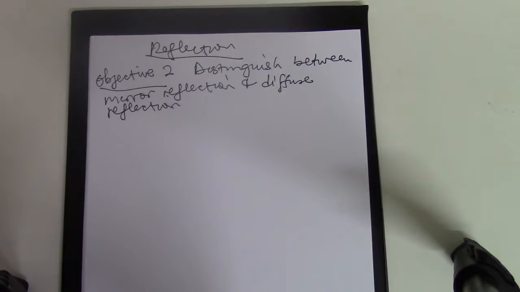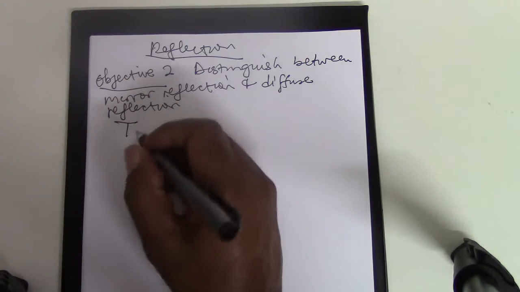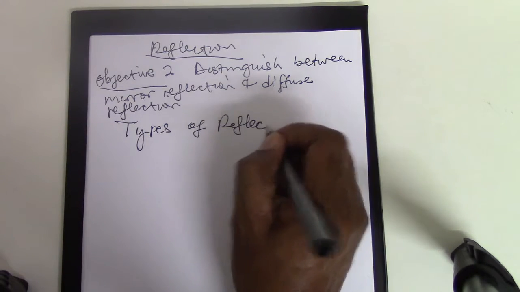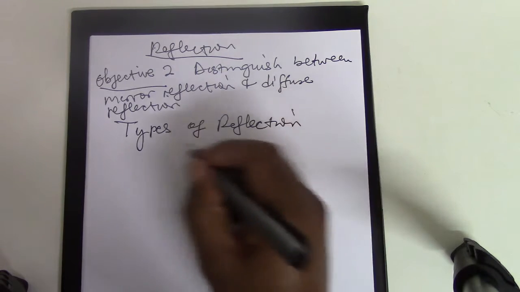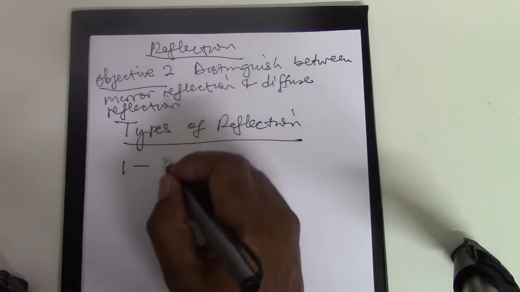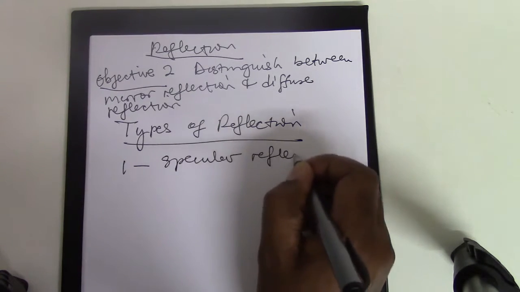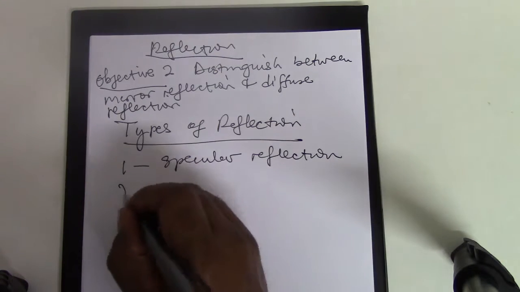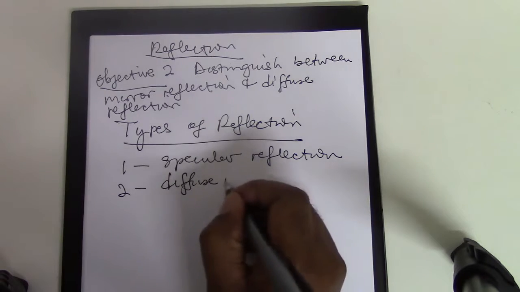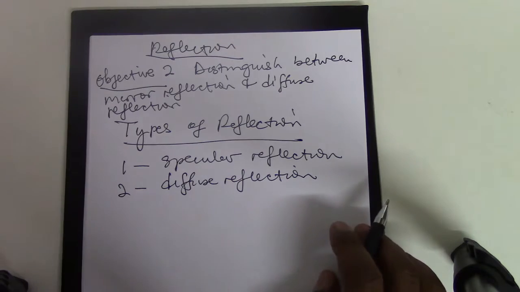We have what we call specular reflection, and we have what we call diffuse reflection.